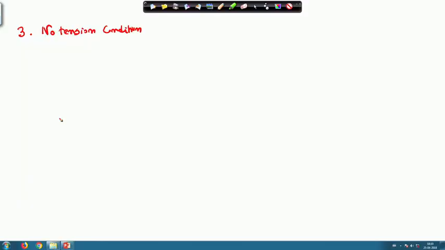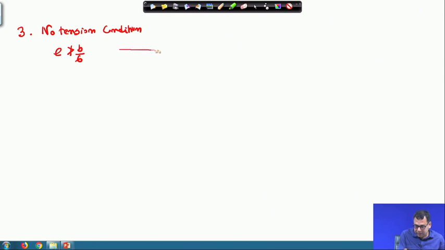So, for the no tension condition you have to satisfy that your e cannot be greater than B by 6. Otherwise, as I have discussed during the shallow foundation design also, this is the condition with q min and this is q max.